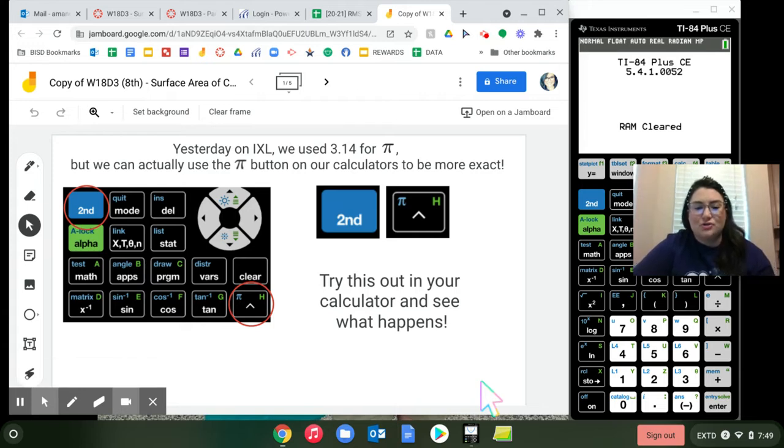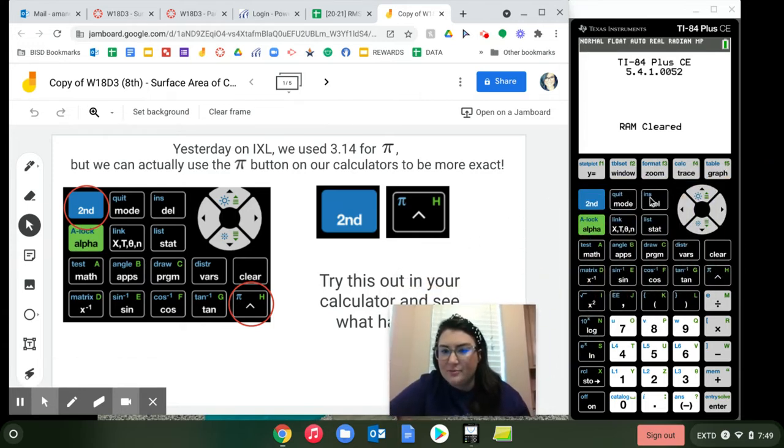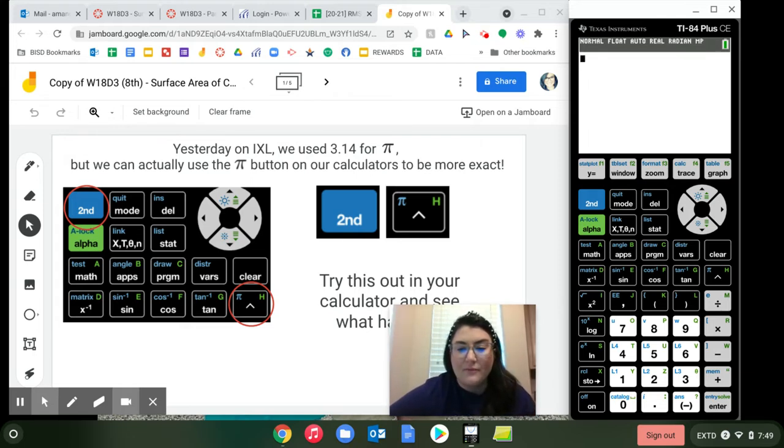So I want us to try this in our calculator. If you do not have your calculator in front of you, if you're in class, just pause the video and use your seat signal and go get your calculator. So we see right here this blue pi symbol. And what I always say is you got to hit blue pi.